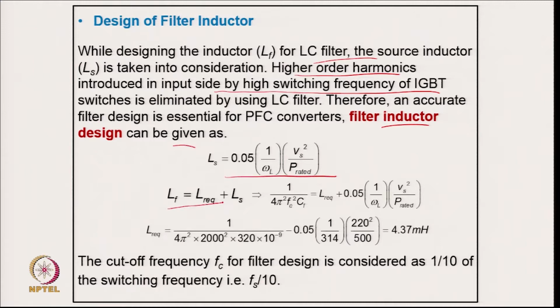Here, of course, the total inductor is the inductor which is required, and then the source inductance. Putting the value, we get a total of 4.73 millihenry. The cutoff frequency is taken typically as 1/10 of the switching frequency, so that you are able to eliminate even all the higher switching frequency harmonics.